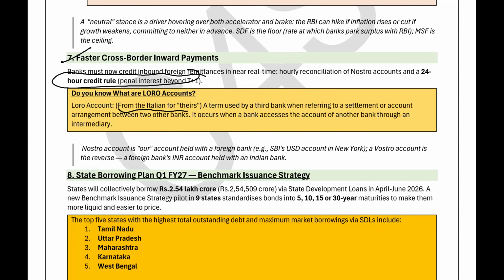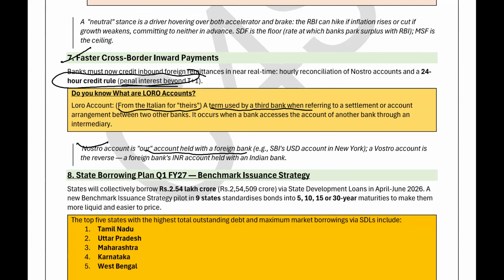From Italian for theirs, a term used by a third bank when referring to a settlement or account arrangement between two other banks। ठीक है, लोरो अकाउंट थर्ड बैंक के लिए यूज किया जाता है, ये याद रखना, बस इतनी छोटी छोटी चीजें याद रखना। Nostro account क्या होता है? It is our account held with a foreign bank. ठीक है, suppose करो कि SBI USD account in New York, it is a nostro account. और vostro account क्या होता है? Reverse, foreign bank in India, that is suppose HSBC. Is it clear? This is vostro account, याद रखना.